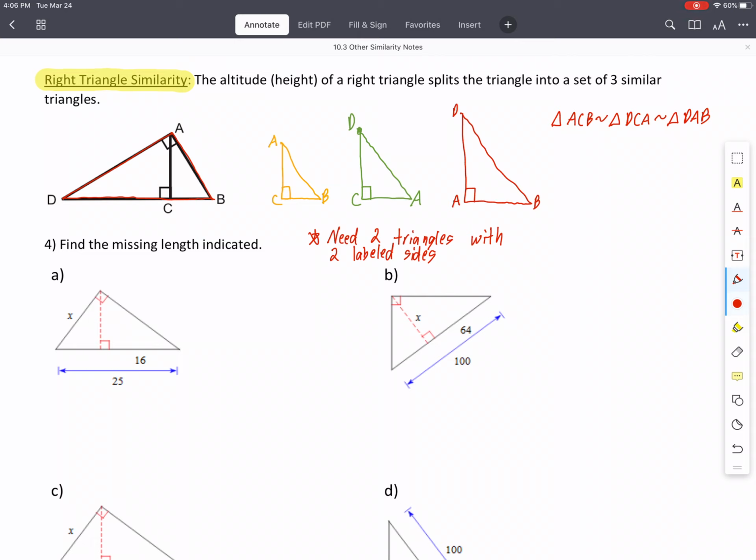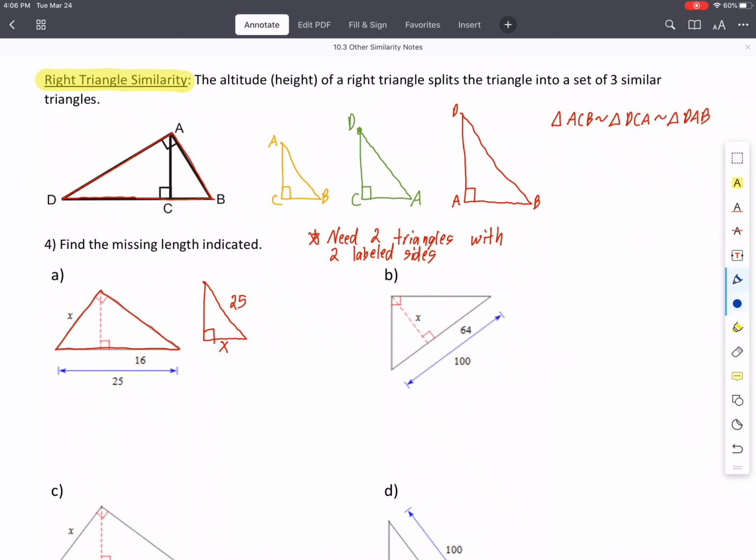Okay, so we could come here and we have this big one, right? So we have X. So we can go ahead and draw this one. So our base is X, our long side's 25.